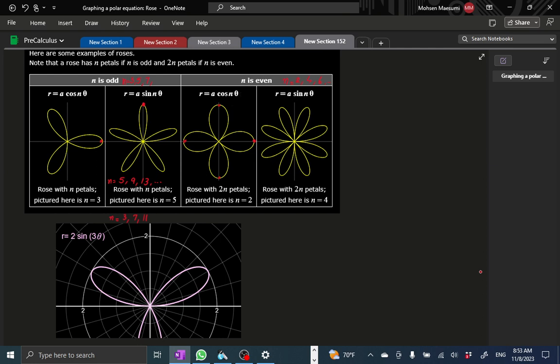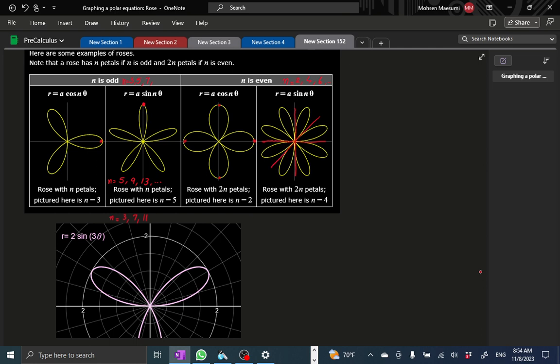For the case of sine and n being even, perhaps the easiest way to think about this is like thinking about a pizza. That makes us hungry, but imagine you have a pizza and you want to slice it up. We always have the possibility of slicing on the x and y axes, and then depending on how many petals you have, you're going to have more slices.